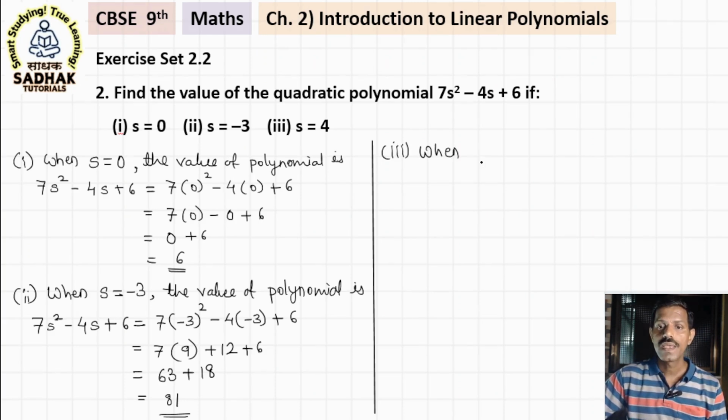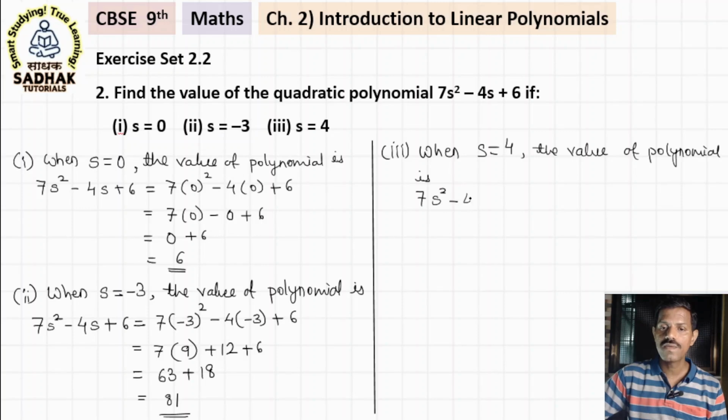So when s is equal to 4, the value of the polynomial, what is the polynomial? 7s square minus 4s plus 6. So in place of s we will have to take 4 now. So 7 multiplied by 4 square minus 4 multiplied by 4 plus 6.